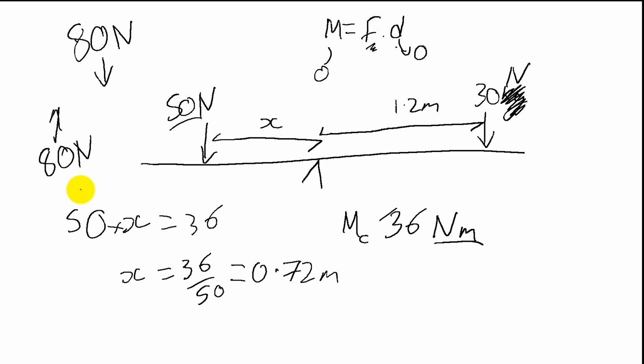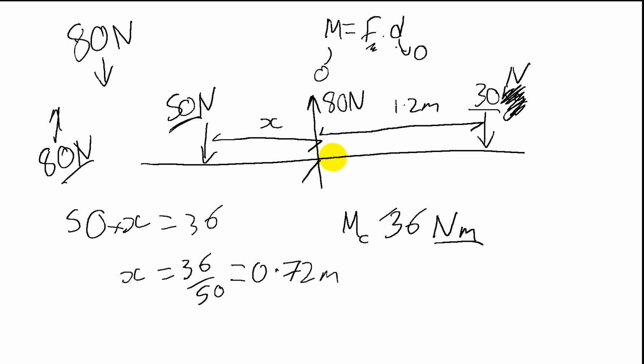So if we position this 80 Newton upwards force on the pivot, then it will introduce no further moment because the distance from the pivot is 0, but we can still have the 80 newtons acting upwards to balance our 50 and our 30 Newton forces.